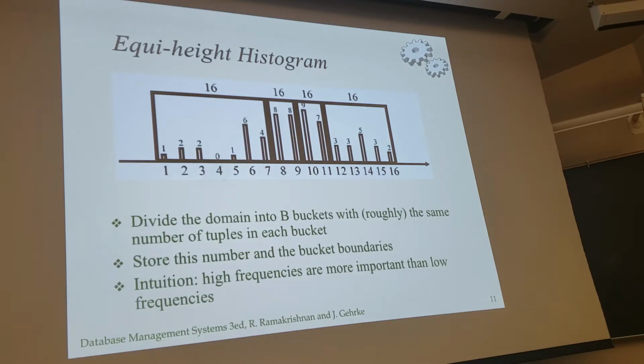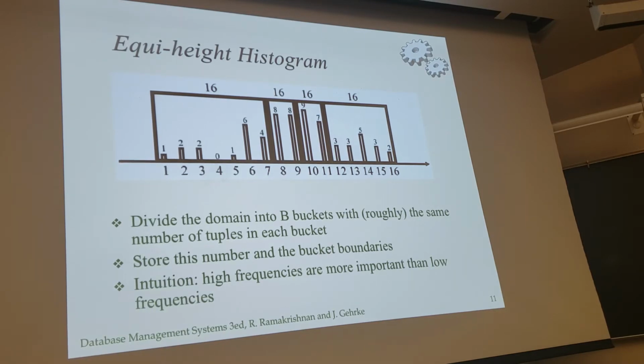So as it turns out, in this case, I can have 16 things in the smallest bucket, which is the values between 1 and 7. 16 tuples fall into that. Again, it doesn't necessarily always work exactly, right? For example, if there had been 5 people whose age was 7, then it would be an exact boundary. But here, it happens to be that way. The next bucket has 8 and 9, that adds up to 16.